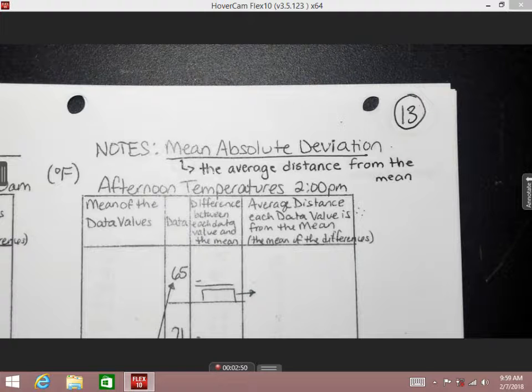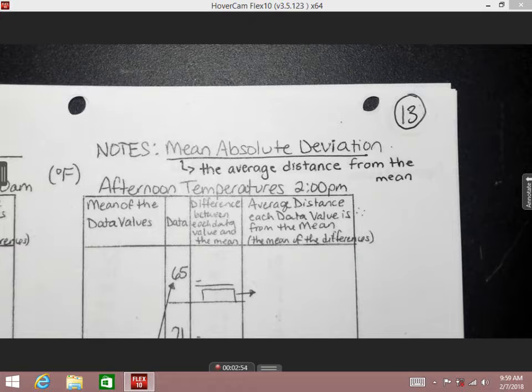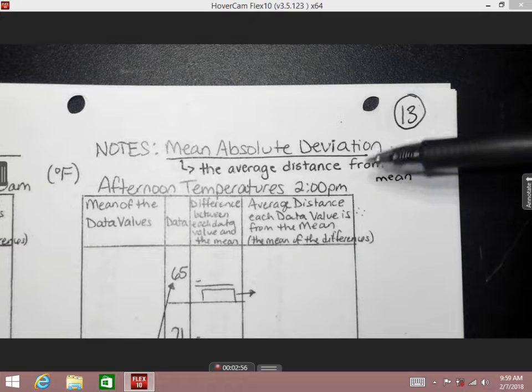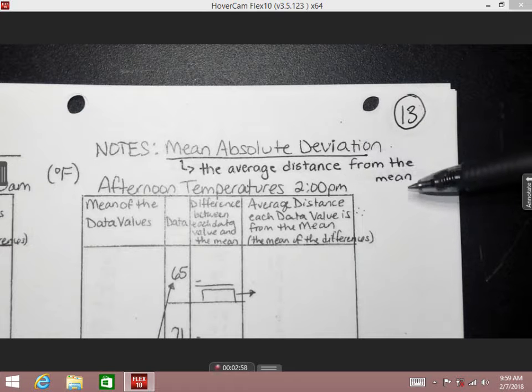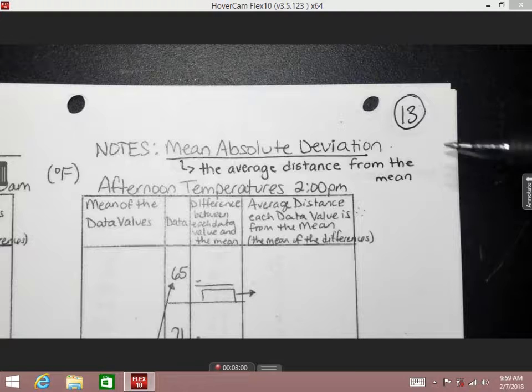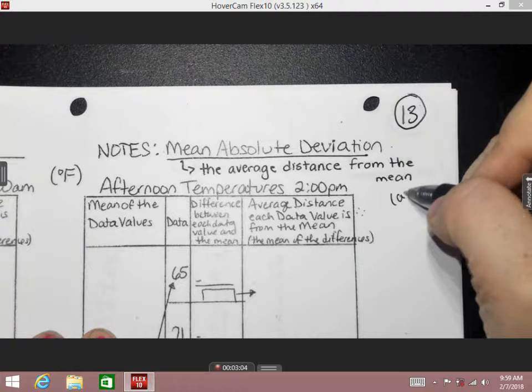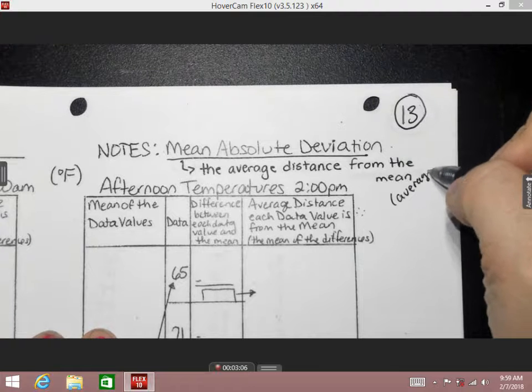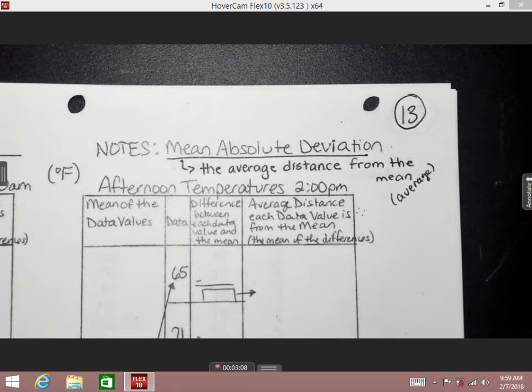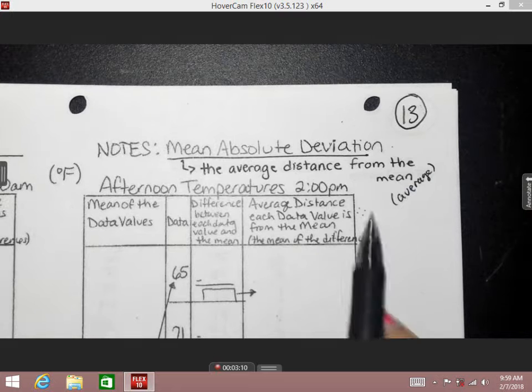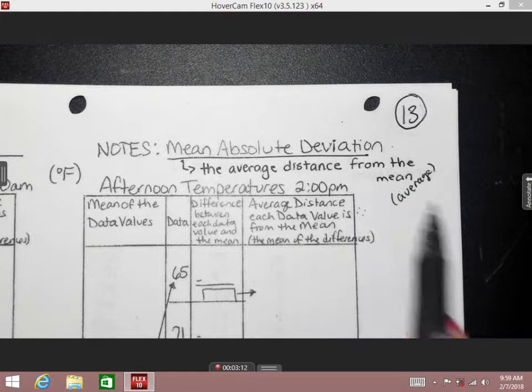So let's kind of talk about that and maybe apply it to some real life situations. First of all, when I'm talking about the distance from the mean, what is another word for mean? What's another word for mean, Allie Claire? Average. It also means average. So we're really talking about, let's just focus on where it says distance from the average.